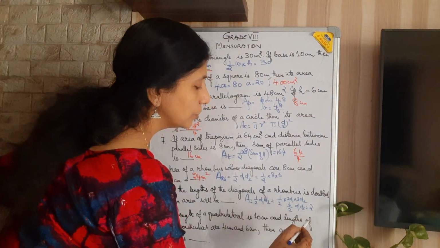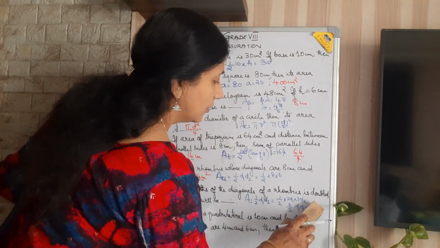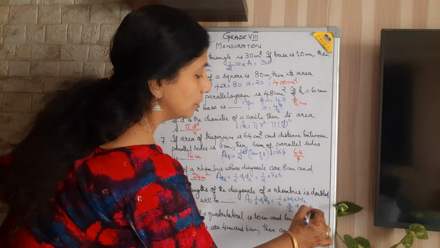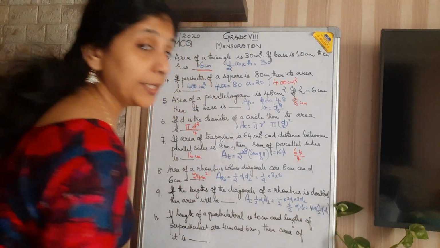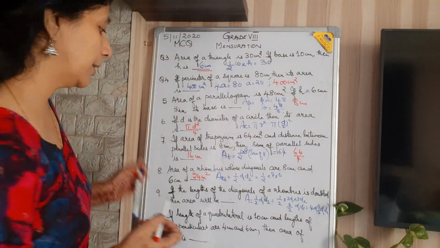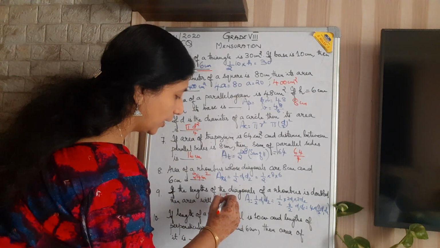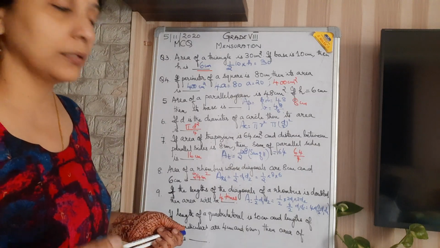That is 4 times, isn't it? Half d1 d2 is the original area, and it becomes 4 into half d1 d2. When the diagonals are doubled, it will be 4 times the earlier area.